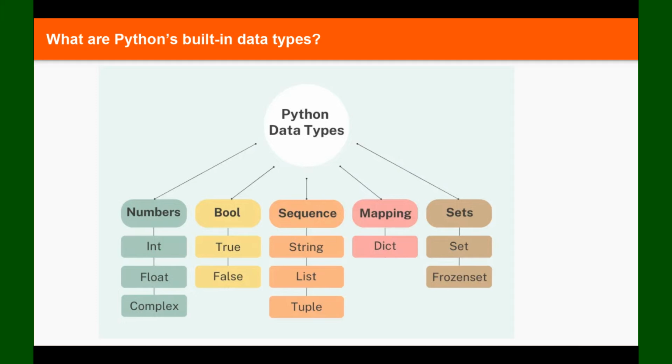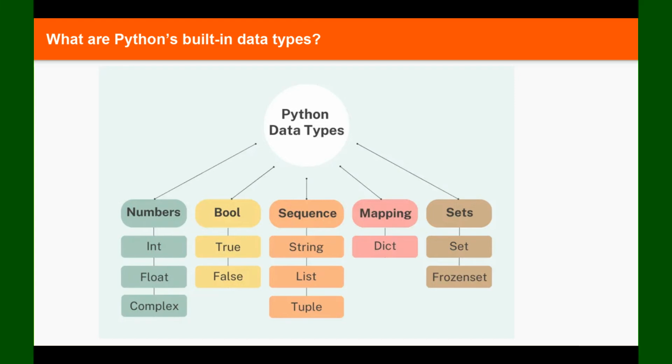What are the Python built-in data types? Python has various data types. If you are looking for numbers, we have int, float, complex. For boolean, we have true and false. For sequence, we have string, list, tuple.